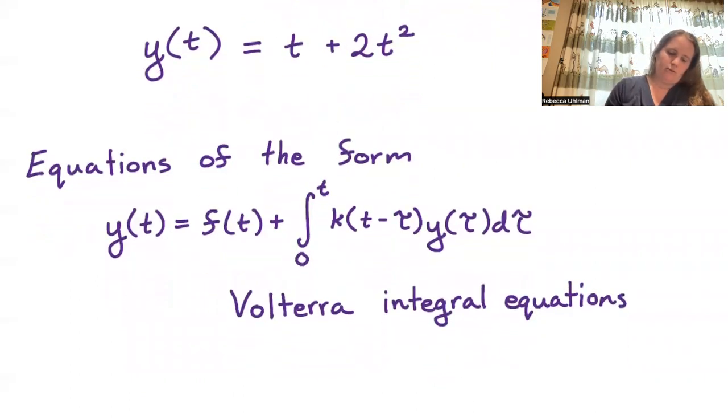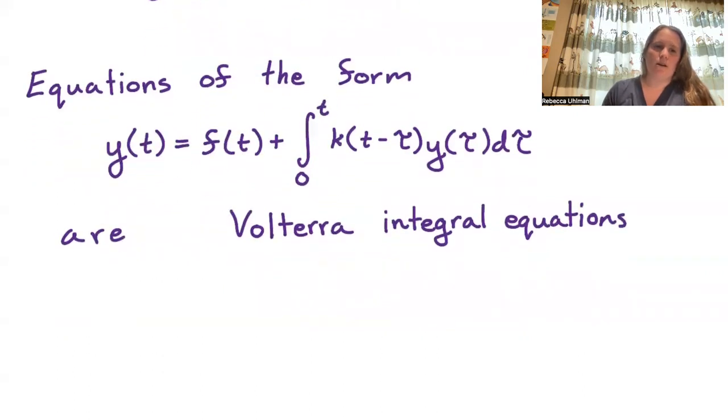So equations of the form y of t equals f of t plus the definite integral from 0 to t of k of (t minus tau) times y of tau d tau. These are Volterra integral equations.